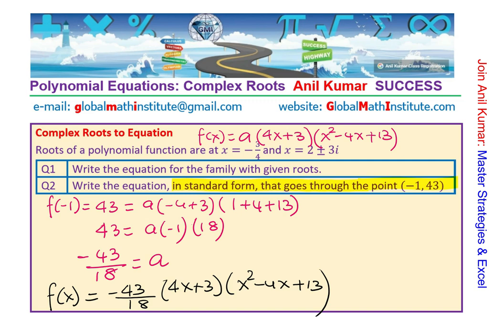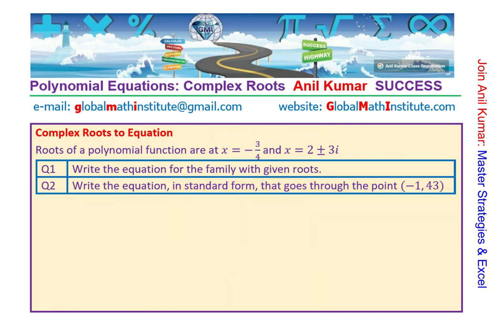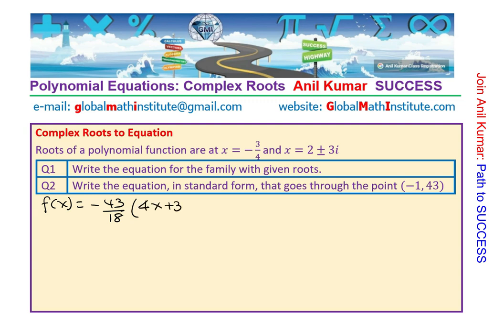So let's do it. Now let us write down the equation in the standard form. So let's copy the equation. We have f of x equal to minus 43 over 18. One of the factors is 4x plus 3, and the other factor is x squared minus 4x plus 13.